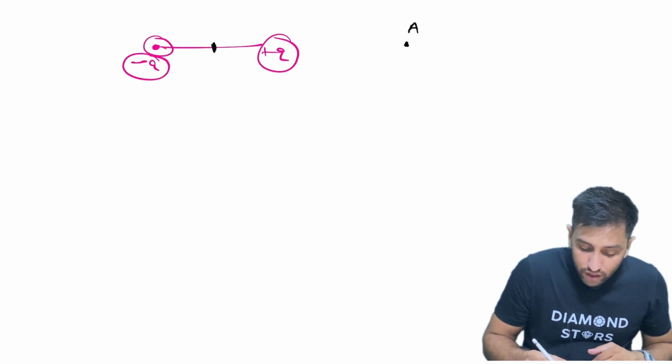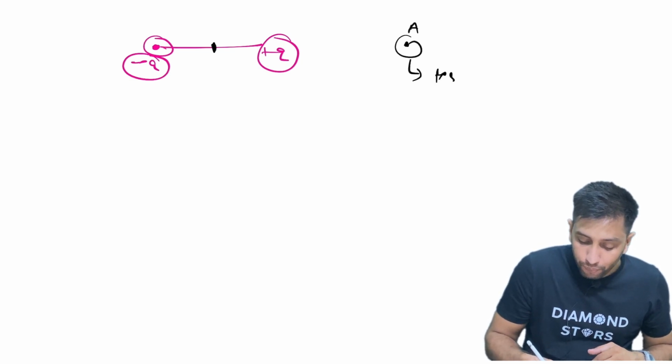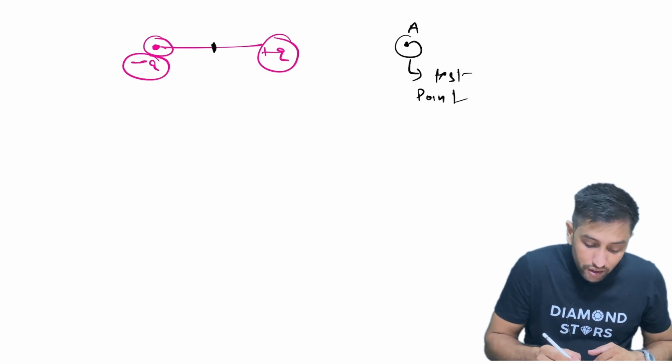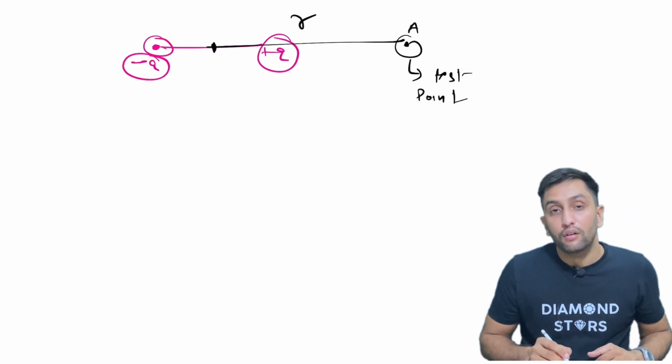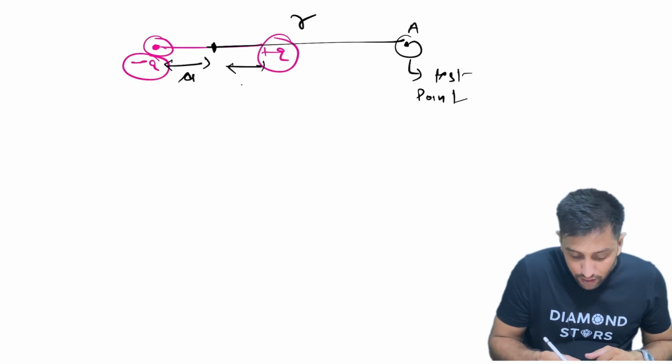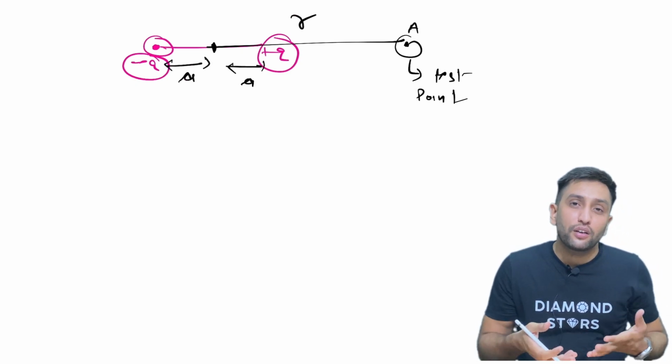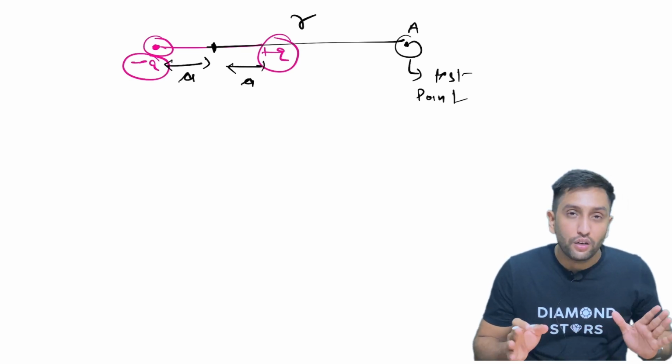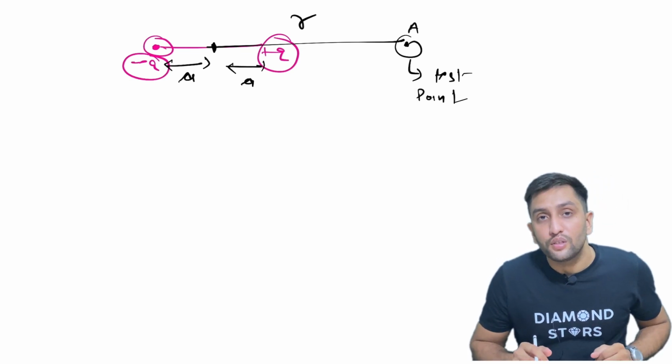Suppose this is a point and this is the test point here. So this test point will be at distance r. Clear? And you know that we have taken this distance as a, and in the derivation part you very well know how to proceed with this.